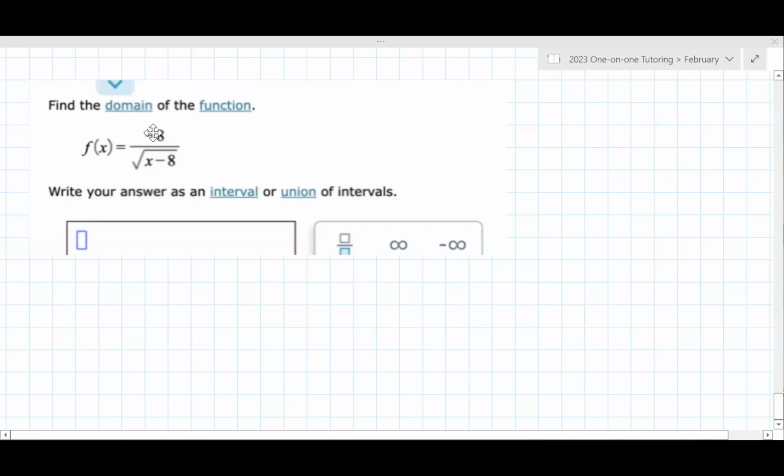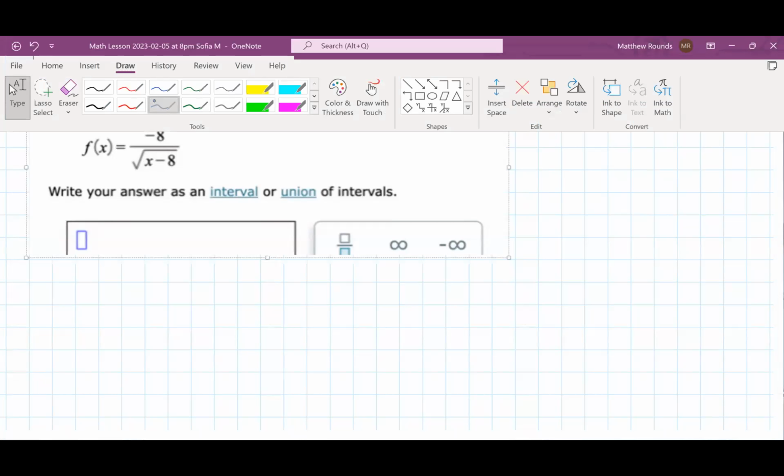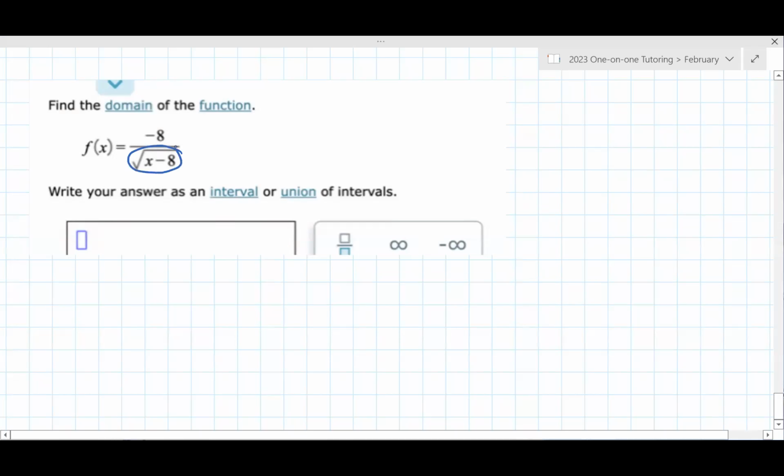Okay, so the -8 on top doesn't matter. You can ignore that. But the bottom here has got something kind of new. There's a couple things going on. The bottom cannot be 0. The inside part has to be greater than or equal to 0, because you can't take the square root of a negative.